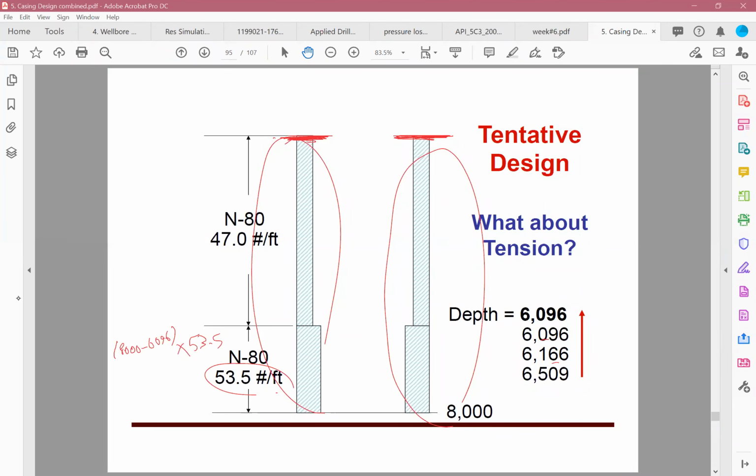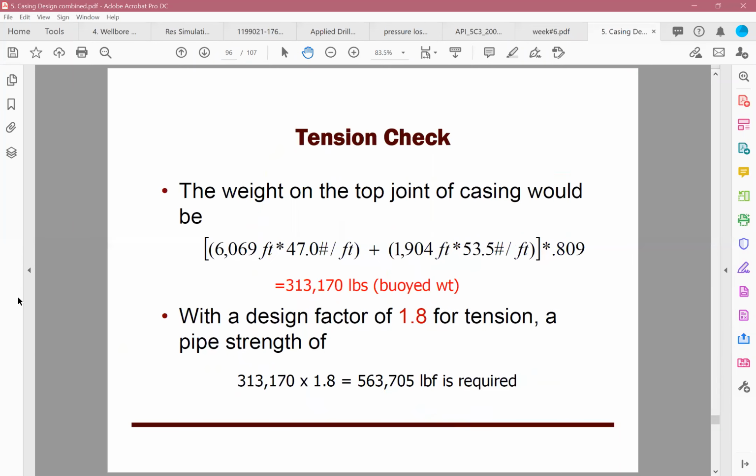And then the rest, which is 6,996, is 47 pounds per feet. So that will be your tension multiplied by the buoyancy factor, which is the same as the buoyancy factor we used previously. And that is 313,000 pounds being applied.